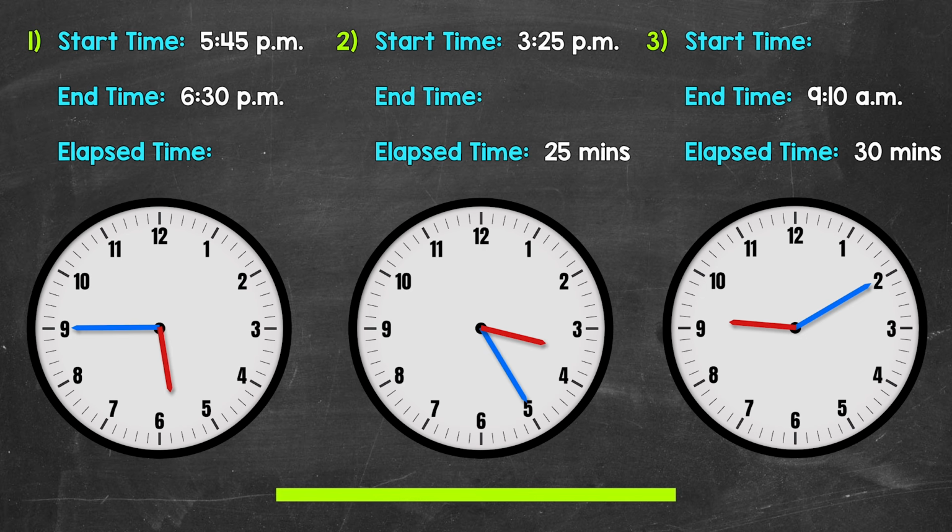You can use the clocks below to help you think through these. Numbers 1 and 2 show the start time, and number 3 shows the end time. I'll give you 3 minutes and then we will go over the answers. Feel free to pause if you need more time or jump ahead to the answers whenever you are ready. Go ahead and start.